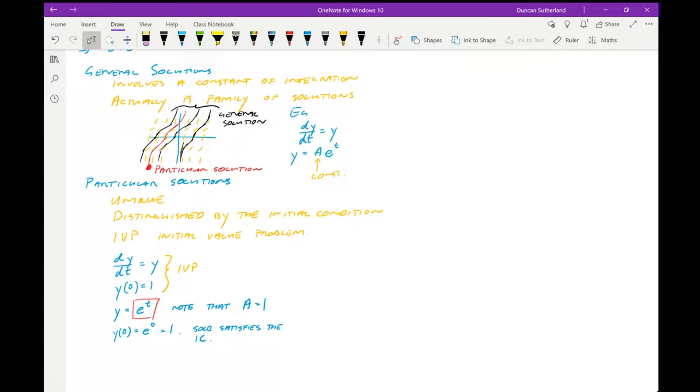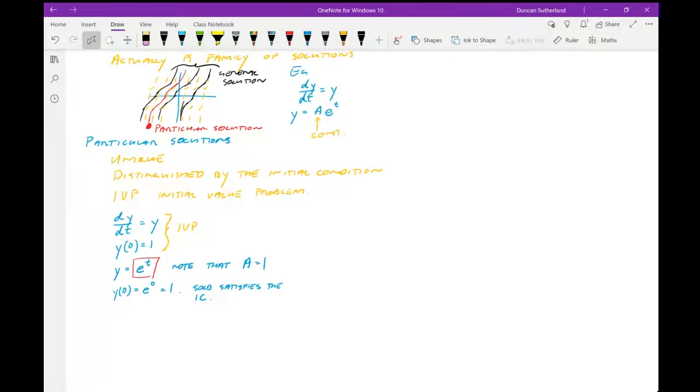So for example, if y equals 2e to the t, that satisfies the equation, right? You can actually plug this into the equation. It's just the case where a equals 2.